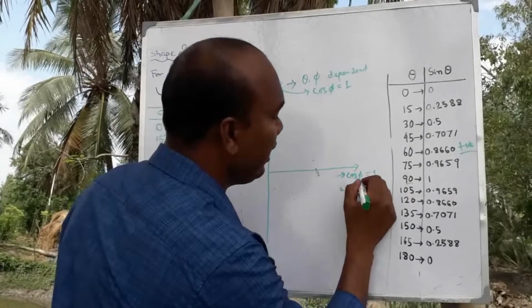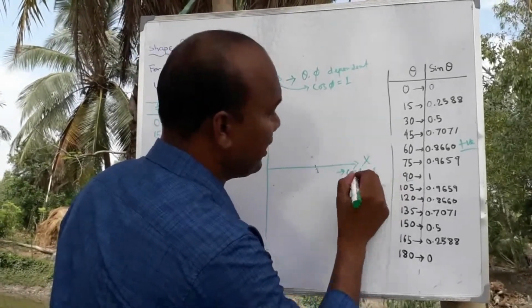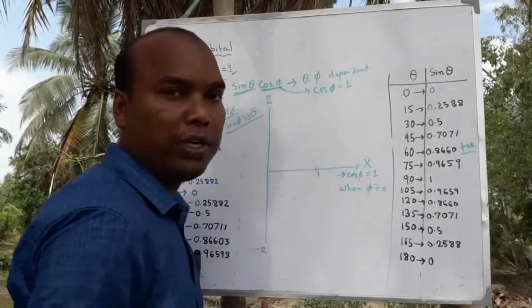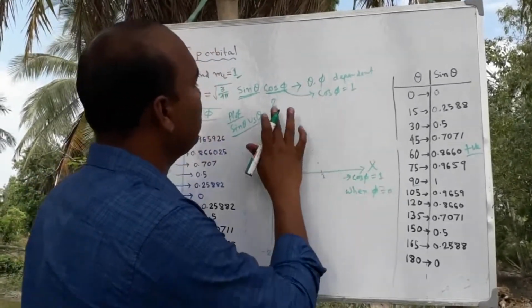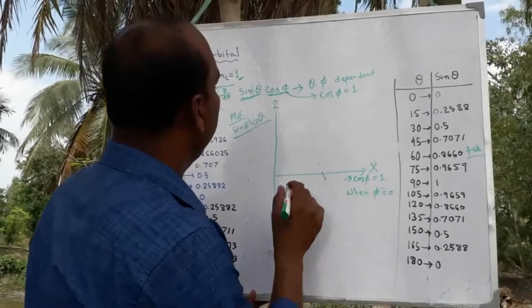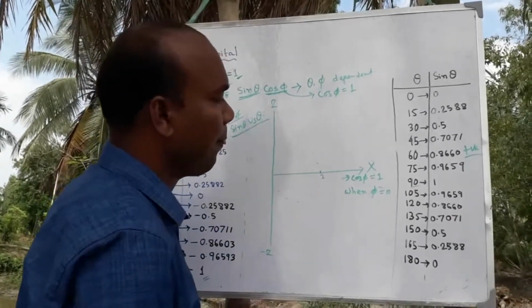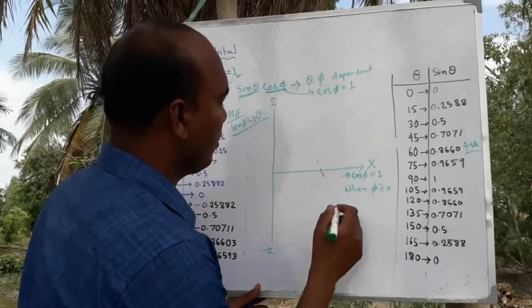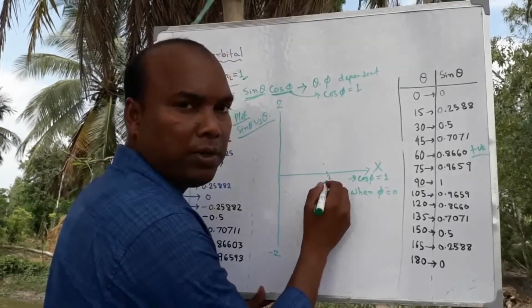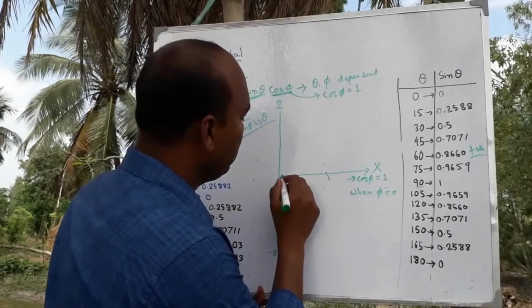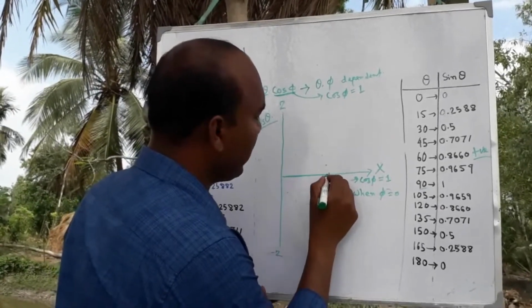That is, if that axis is x-axis, then cos phi will be equal to 1. So this is your x-axis and this is your z-axis. Now plot sin theta versus theta. When theta will be 90 degree, then the value will be maximum, 1. So this is your sin 90 degree.